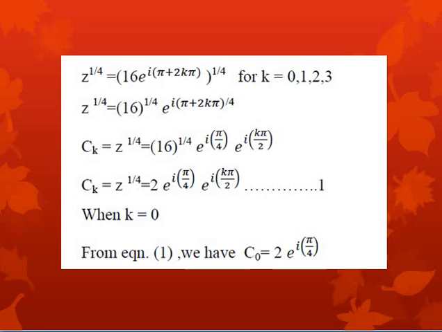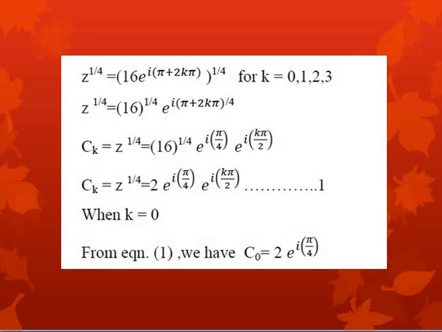Using De Moivre's theorem, we have z power 1 by 4 equal to 16 whole power 1 by 4 into e power i of pi plus 2k pi divided by 4. We take z power 1 by 4 as ck, which is equal to 16 whole power 1 by 4 into e power i pi by 4 into e power i k pi by 2 for k equal to 0, 1, 2 and 3. We take that as equation 1.